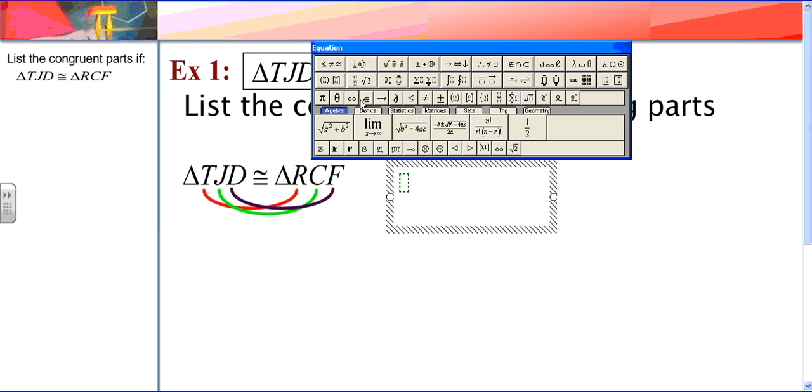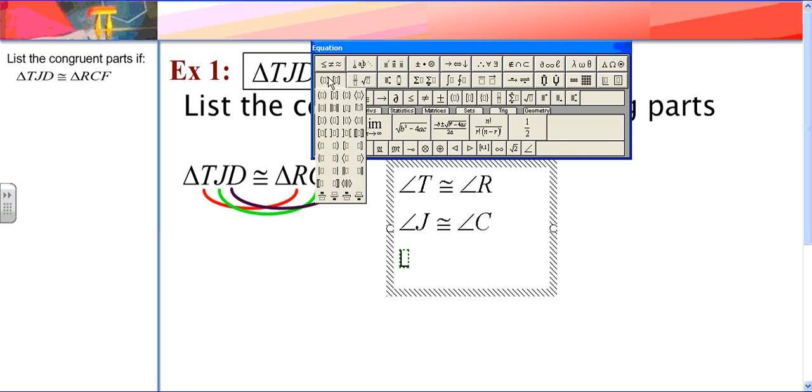So here's how we're going to do it. We're going to say angle T is congruent to angle R. We also know that angle J is congruent to angle C. We know that angle D is congruent to angle F, so we can name that correctly.